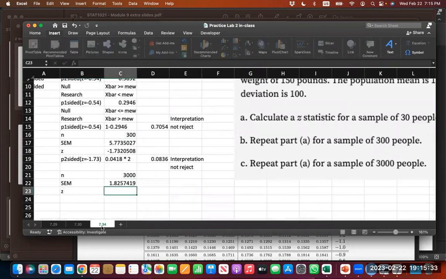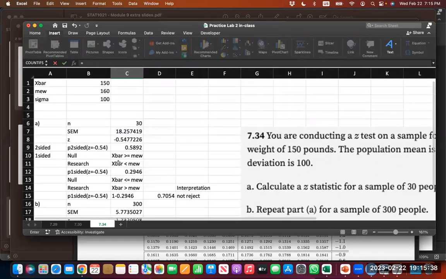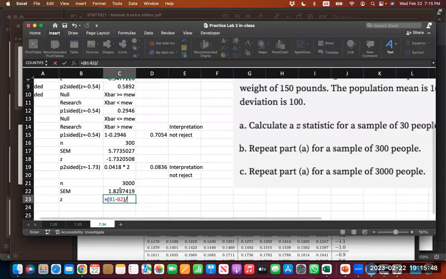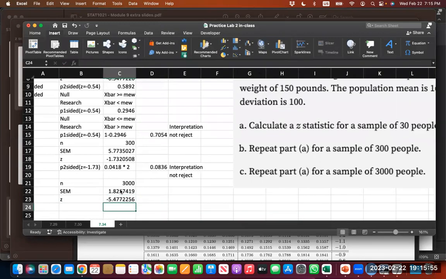Our set is calculated as x bar minus mu, divided by the standard error of the mean, and was minus 5.47. I don't even need to look at the p-value because I know that this is going to be a minuscule p-value. So we're rejecting the null hypothesis at an alpha of 5%, even at an alpha of 1%, if we were to define that.